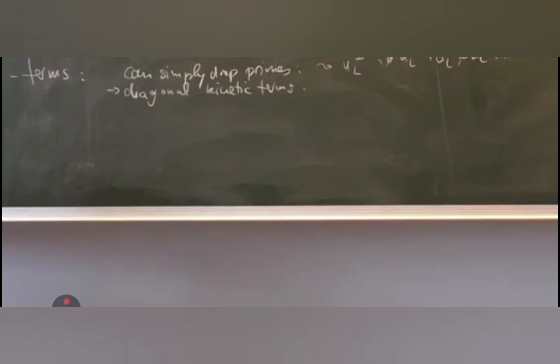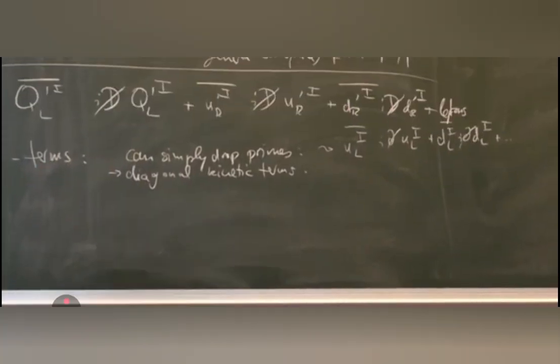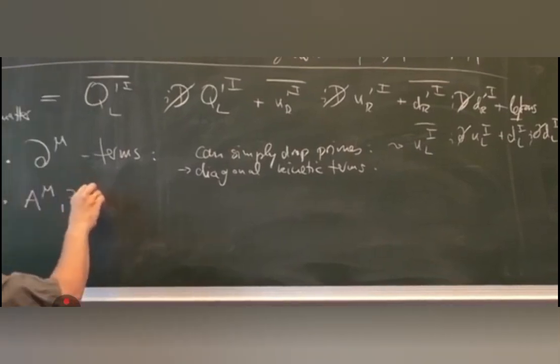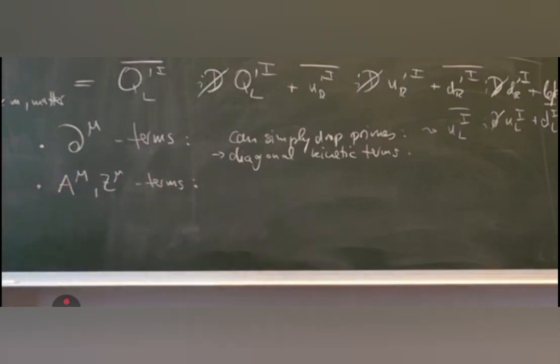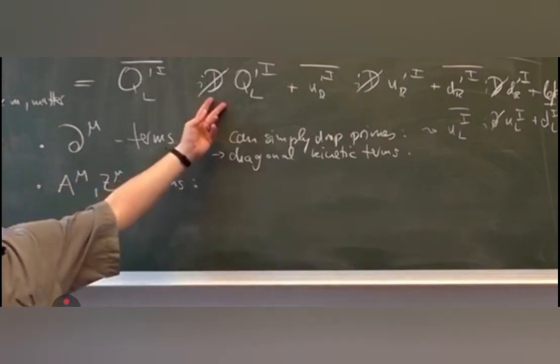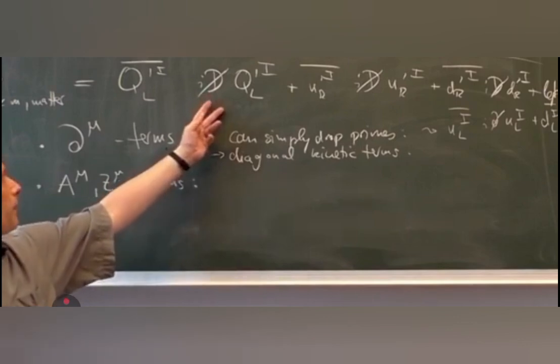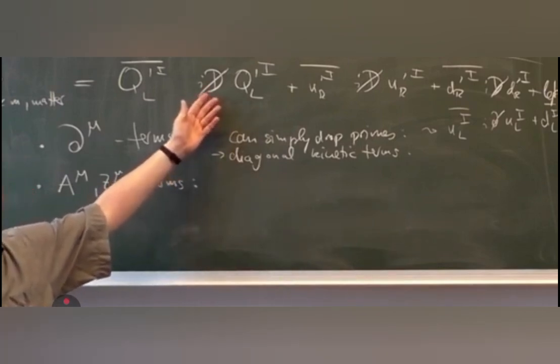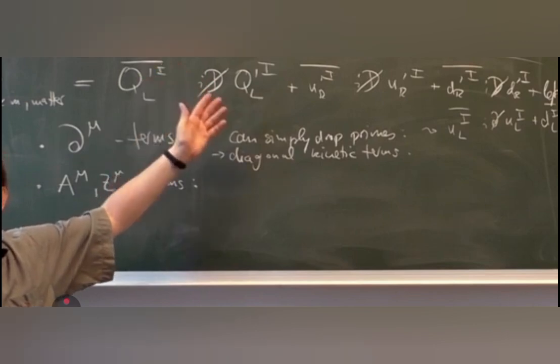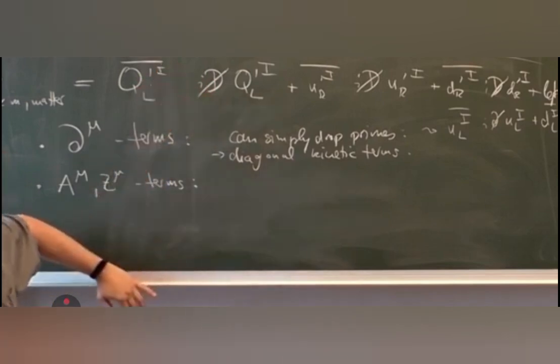Now then, in the covariant derivatives, there are terms involving the photon and the Z, and these terms contain complicated prefactors corresponding to the electric charge and combinations of hypercharge and T3 generators and so on.